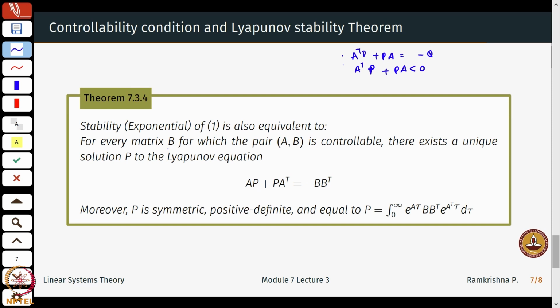So, for every matrix B for which the pair (A, B) is controllable, which also means that the system x dot equal to Ax plus Bu is controllable, there exists a unique solution P to the Lyapunov equation given by this. Moreover, this P is symmetric, positive definite and equivalent to this expression.